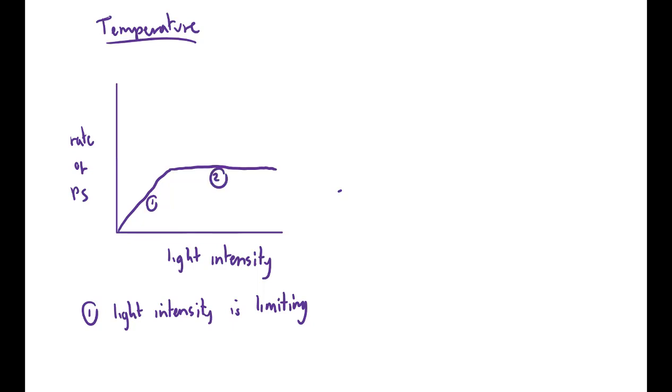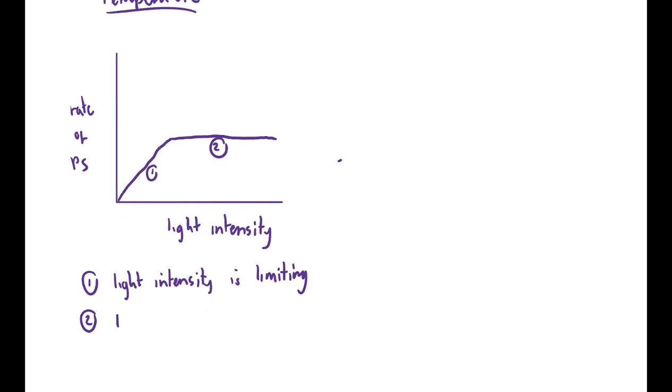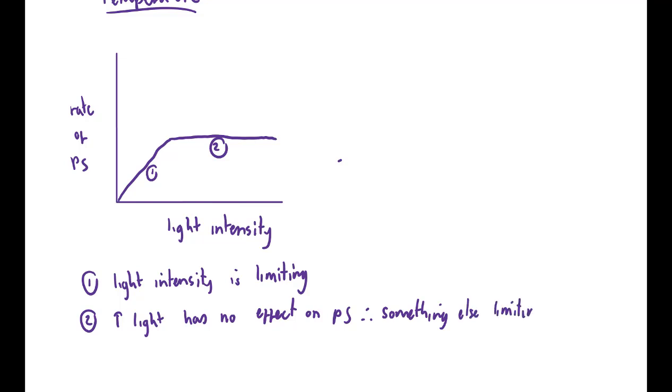At position 2, we can see that increasing light intensity has no effect on photosynthesis. So therefore, something else is limiting. So what would happen if we increase the temperature?